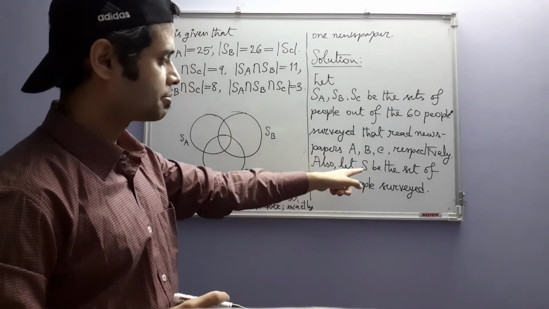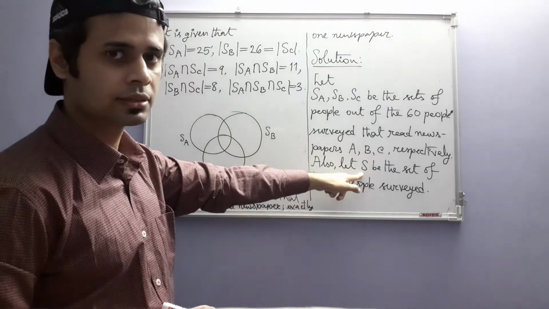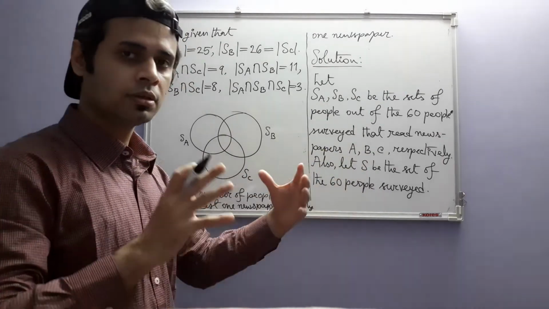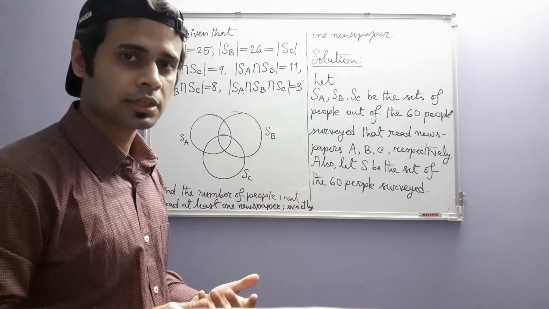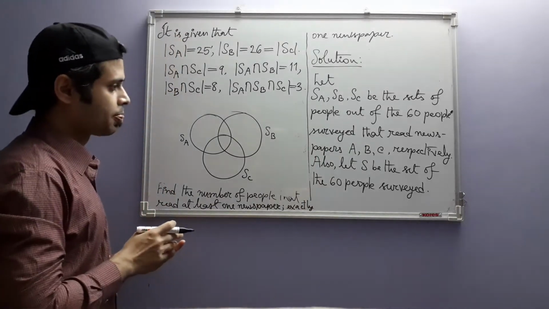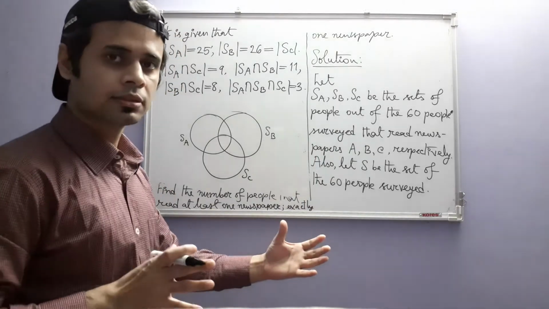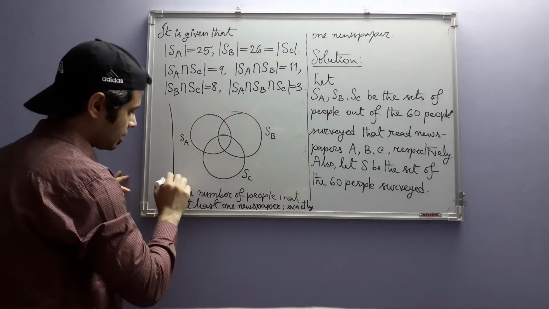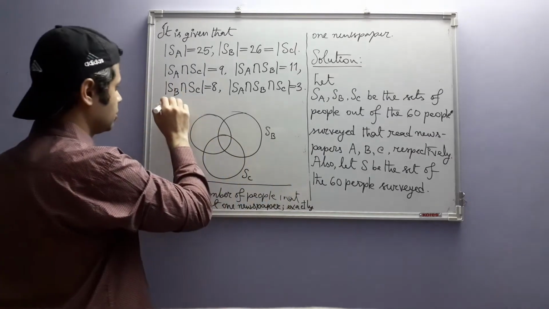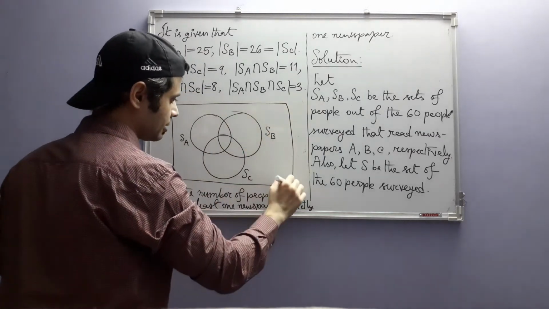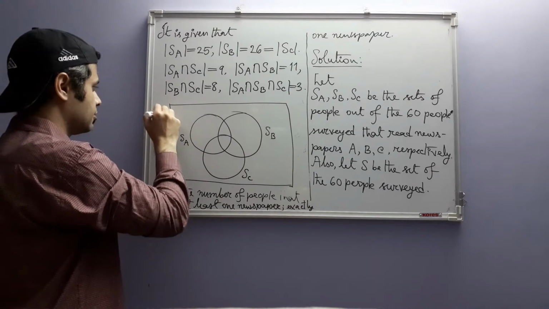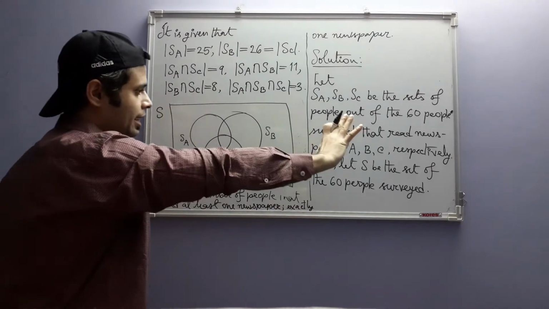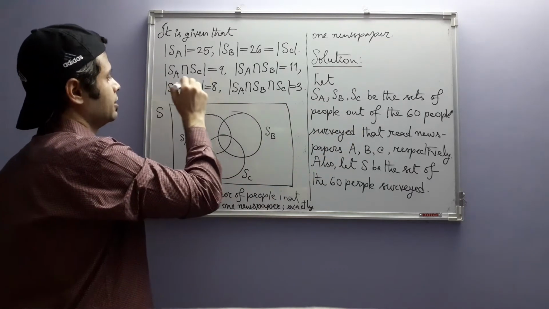So that also has been considered as a set S. So you can see that in this case, these 60 people constitute our universal set, because they are the only things we are considering here. We are concerned about them. I could have named it U, but I have named it S anyways. It does not really matter. So this is our universal set. S has 60. Okay, that also you can write, no?